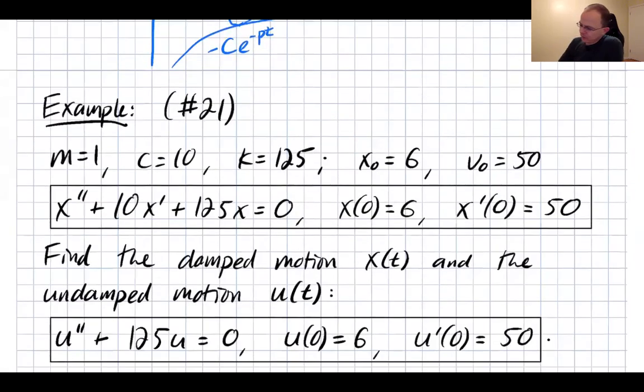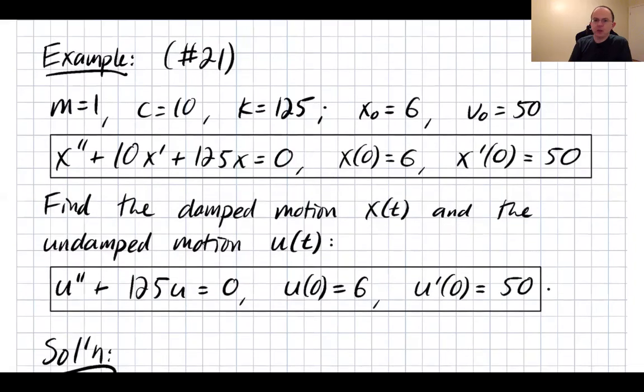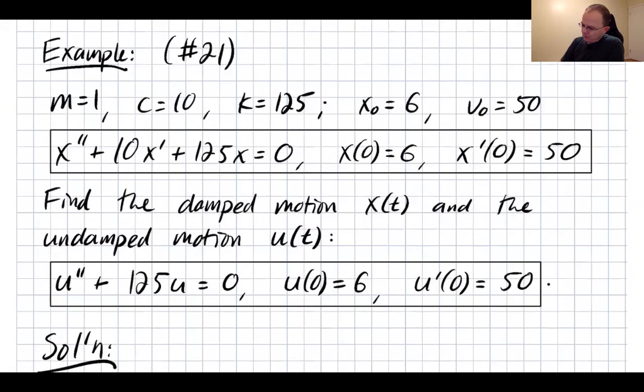All right, let's do one more example here. In this case, we're going to look at the situation where we have damped motion, and then we'll also look at the corresponding undamped motion.